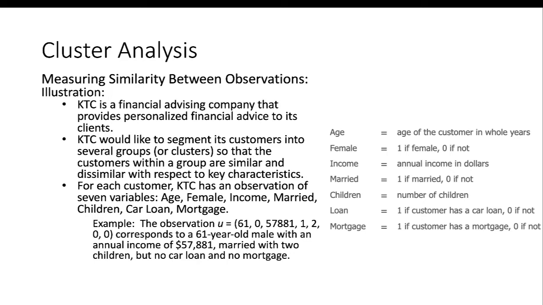The choice of the matching coefficient over Jaccard's coefficient is reasonable because a pair of customers that both have an entry of 0 for any of the 4 variables implies some degree of similarity. For example, 2 customers that both have 0 entries for mortgage means that neither has significant debt associated with a mortgage.